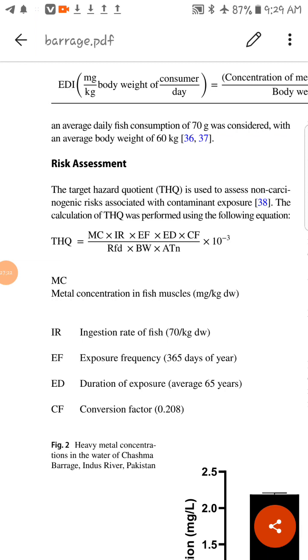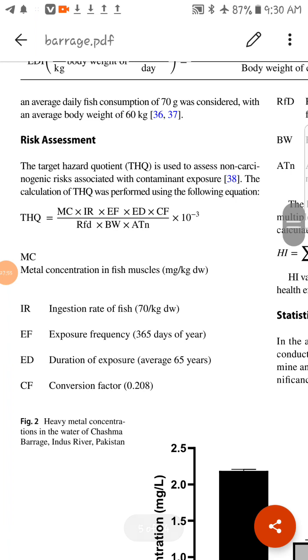Most times adults don't play with sand compared to children. And so you multiply the exposure frequency times the duration of exposure. Here they use 65, but I use 24. It's actually flexible and depends on you based on what researchers have been doing over the years. Conversion factor, I adopted this value 0.208. They multiply by 10 raised to the power minus 3, divided by the reference dose, which is right there, multiplied by the body weight.